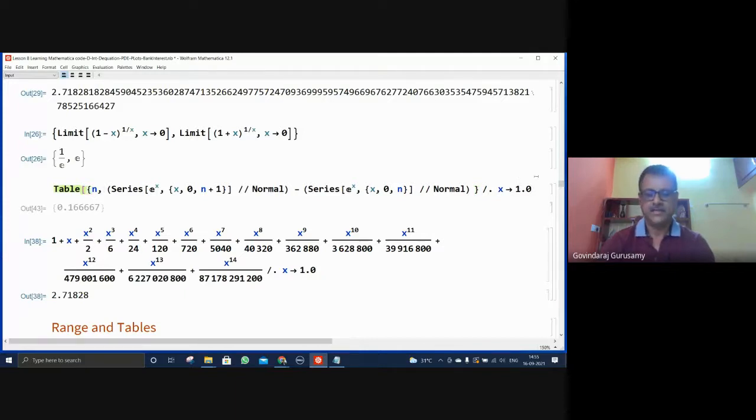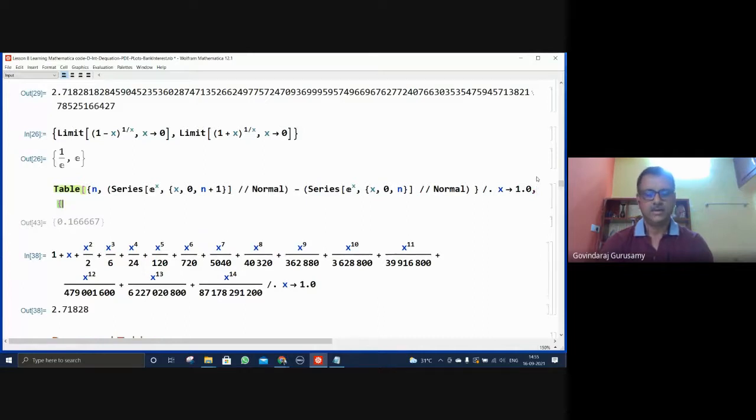Then each time you are substituting x equal to 1, for n starting from 2, going to, say, 25. Can I do that? Not a difficult thing at all.